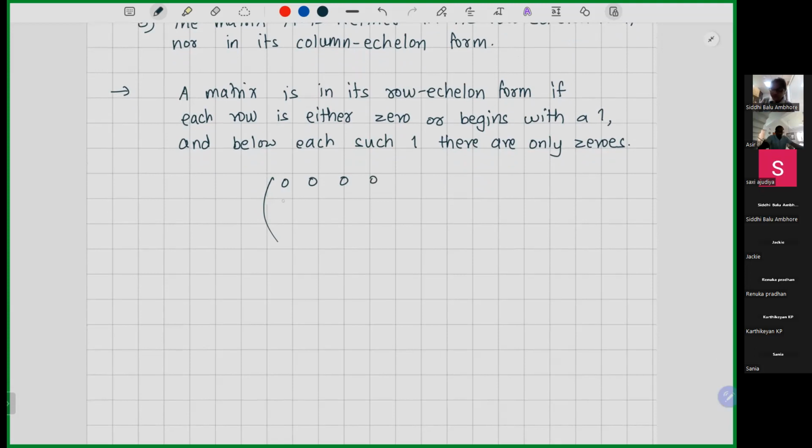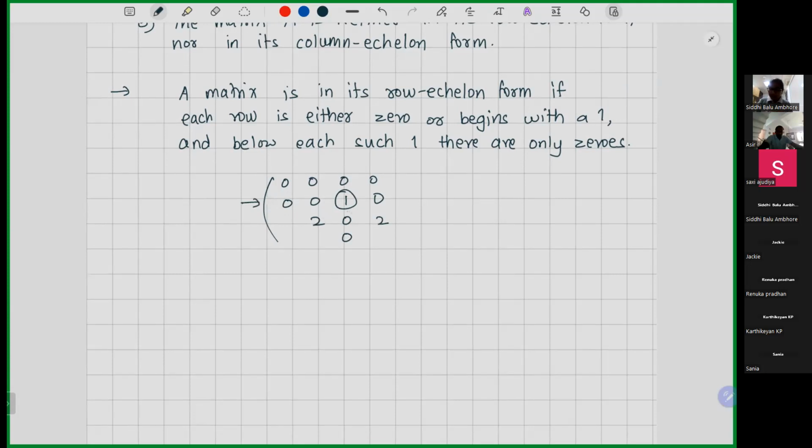I can't have a 2 here, then 0 1. And once we have such a 1, all the entries below this 1 should be 0. I can very well have numbers elsewhere, but this is my leading one, the first non-zero entry of the second row, and since it is 1, all the entries below it must be 0.